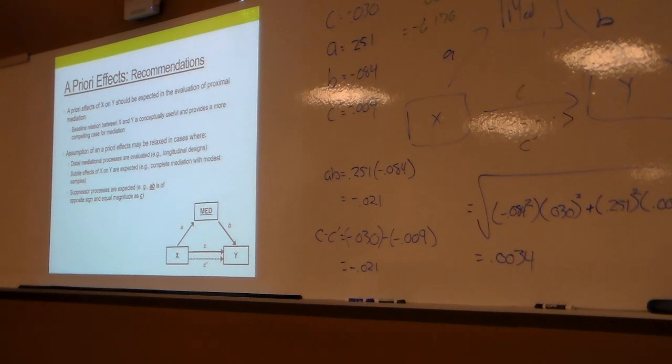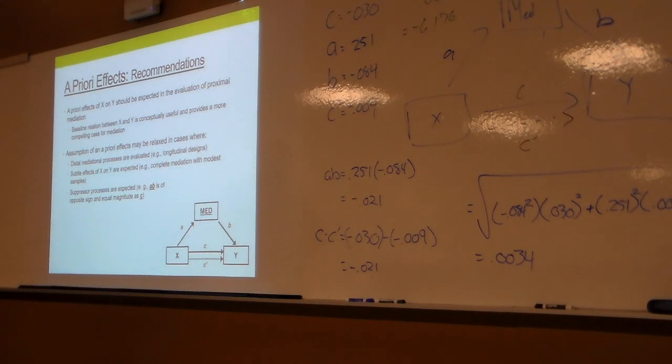We can also start to relax this case if we have subtle effects, right? So this starts to go, what I'm expecting is sort of a modest relation here, a modest relation here. If I've got complete mediation, that means that the relation between X and Y is really small. I can't capture 1,000 people to sort of get this, but if I can make a strong argument based on existing research, this is about the effect I would expect here, this is about the effect I would expect here, assuming that this is the association I would expect between these two variables, and try to make arguments there.